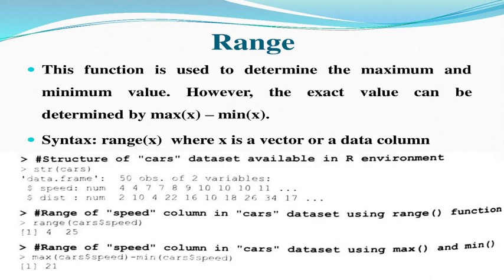There are 50 observations for two variables, speed and dist. The second function shows that the minimum value and maximum value for speed are 4 and 25 respectively. The exact range is determined by the difference of these values. In this case, the range is 21.